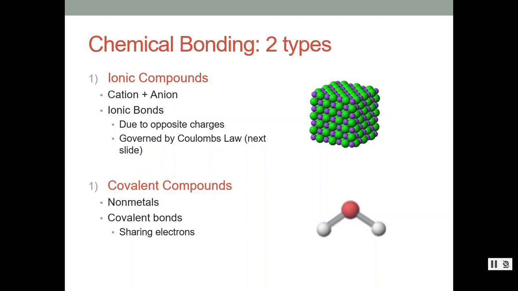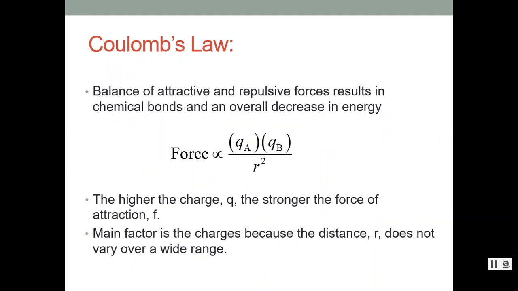Covalent compounds will be the type of bonds that we will deal with most frequently in this chapter, but let's visit a little bit with ionic compounds in Coulomb's law, because that will be covered in your MindTap, and there'll be a question about that on your online homework.